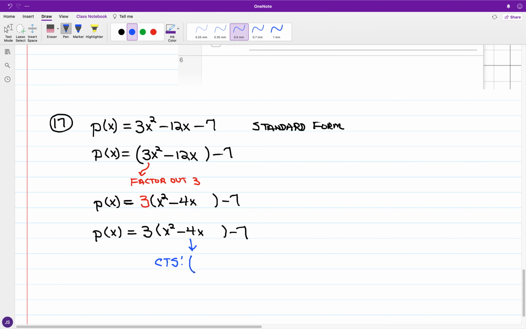And with the completion of the square, it doesn't matter what number it is, whether it's odd, even, positive, negative, fraction, whole number, rational number, irrational number, you're going to take half the value that is next to x and square it. So half of -4 becomes -2. And the square of -2 is equal to 4.